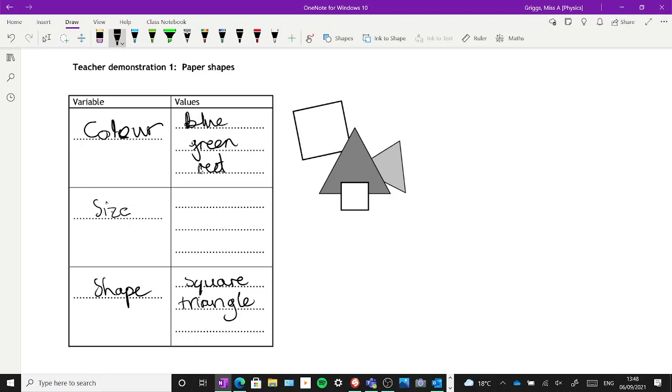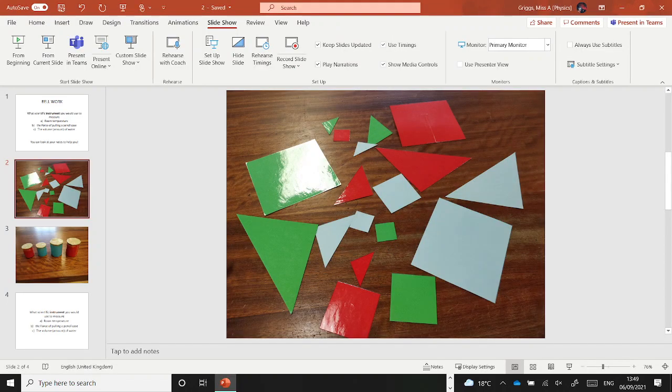We okay? And what about size? Yeah, large, medium, and small.